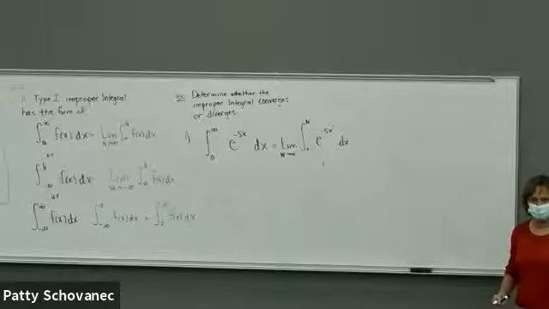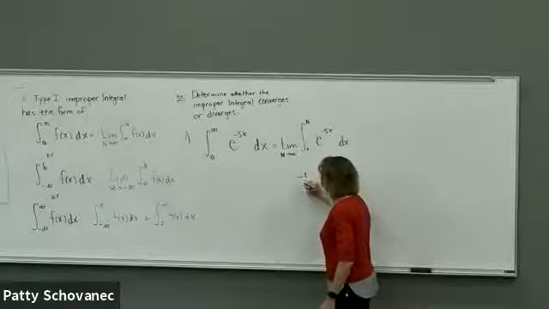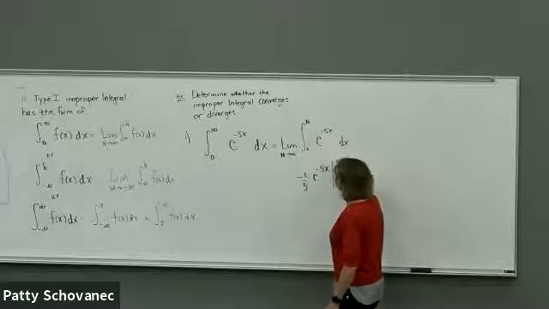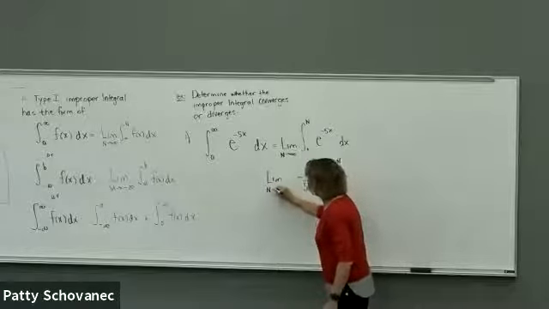What's the integral of e to the negative 5x? Negative 1/5 e to the negative 5x. Then we evaluate that from 0 to big N, and take the limit as big N goes to infinity.